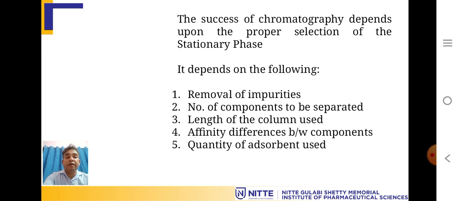So selection of a stationary phase is an important parameter when you are choosing a stationary phase for separation.